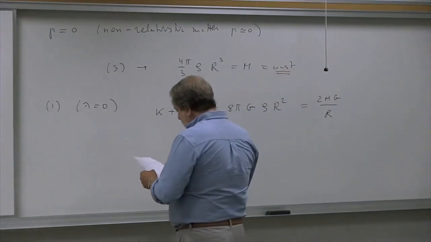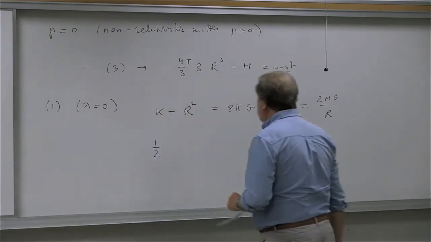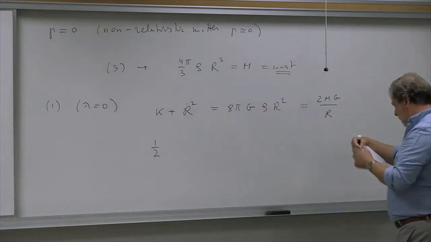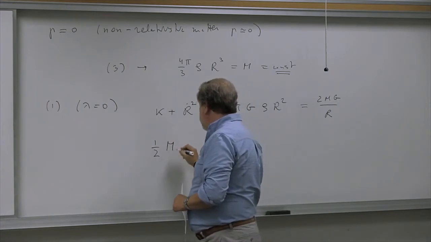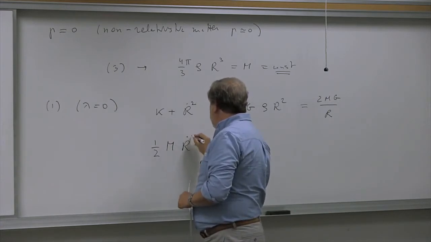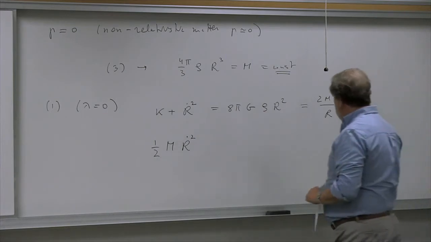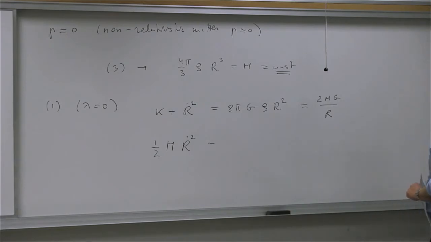Right? So that means that we can write this as 1/2. So let's divide out by 1/2 so that we have r dot squared multiplied by 1/2, and let's multiply by m. So 1/2 m r dot squared minus, and so we'll subtract out this term here.